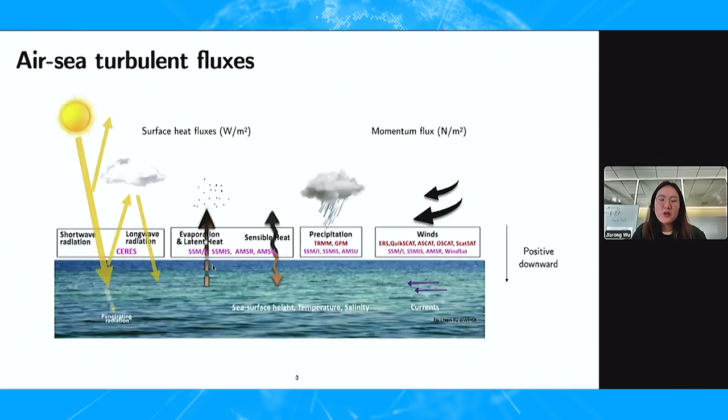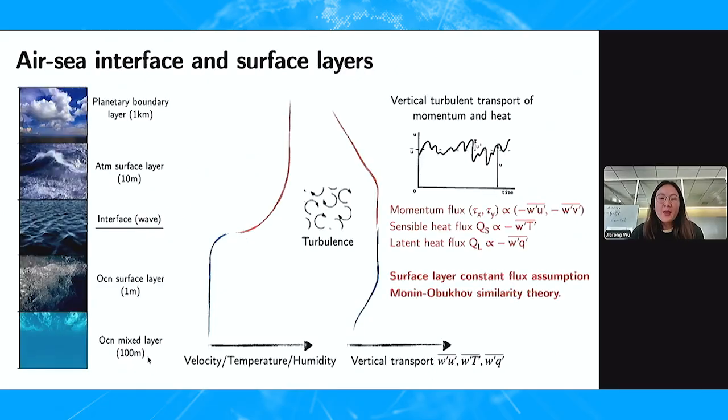And in this talk, I'm mostly concerned with the turbulent fluxes, so the momentum flux and the latent and sensible heat flux. There's another part of the heat flux, the shortwave and longwave radiation, that is not directly investigated with this data-driven method, but is also important.